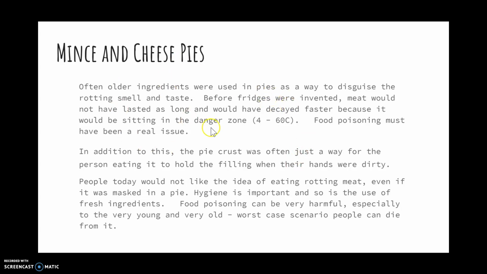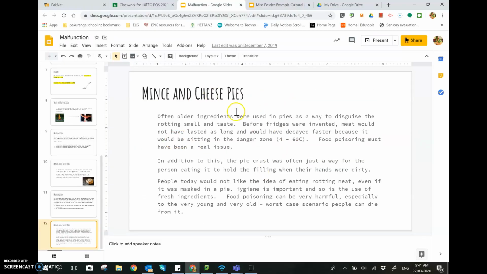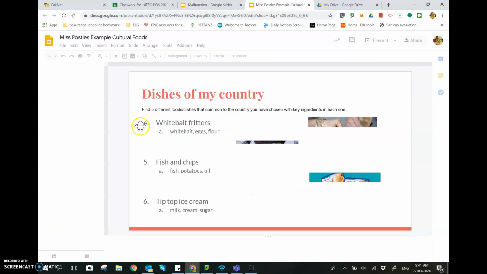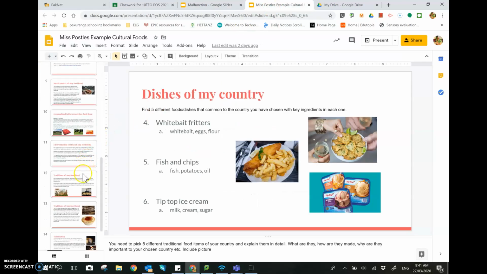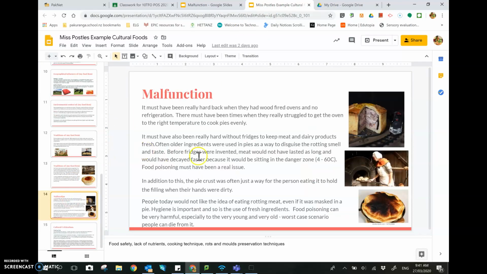Now this explanation that I've got here would be the one that I could transfer across to my malfunction slide, and in that malfunction slide, also thinking about some pictures that go with it. With malfunction, you can talk about things like your ovens, or your lack of refrigeration.